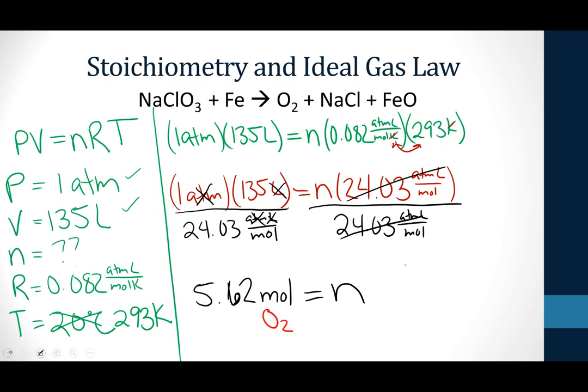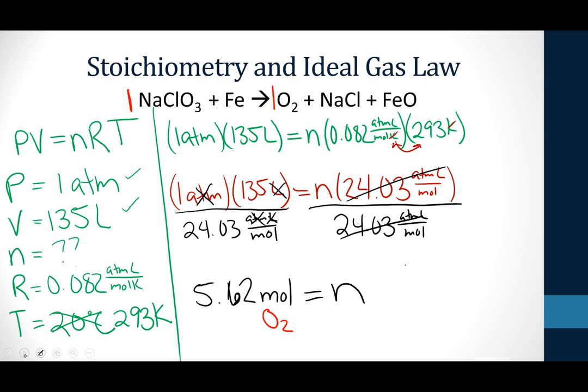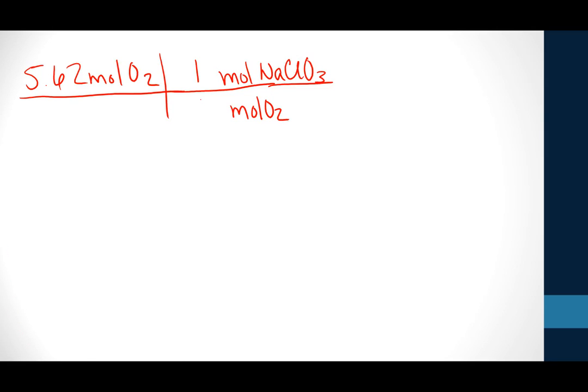So to do that, I go to the balanced chemical equation, and I see that it's a 1-to-1 ratio. Not always going to be that way, but it is for this problem. So the coefficient attached to sodium chlorate is 1. The coefficient attached to oxygen is also 1. So it's 5.62 moles, and we've changed the units to sodium chlorate.